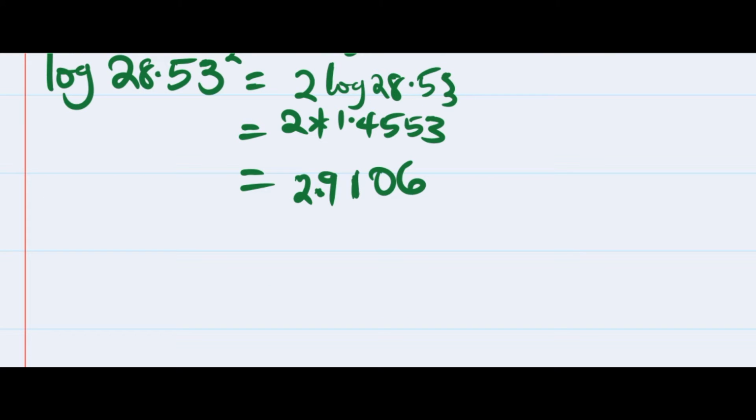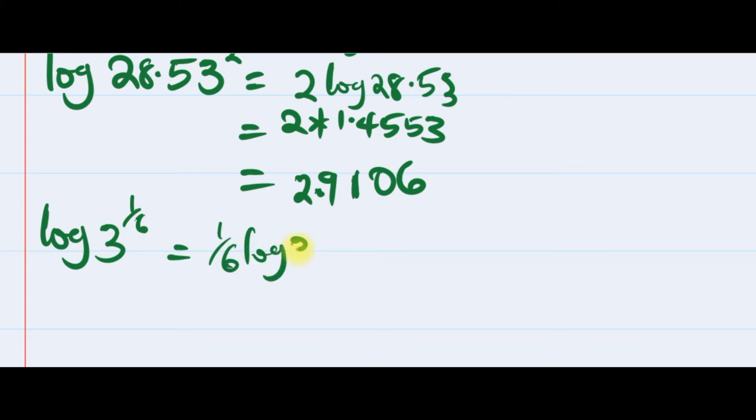So the same way, if you are asked to find log of 3 raised to power 1 over 6, this is 1 over 6 times log 3. We know we've gotten the log 3 as 0.4771.